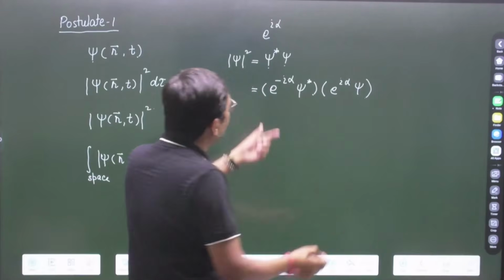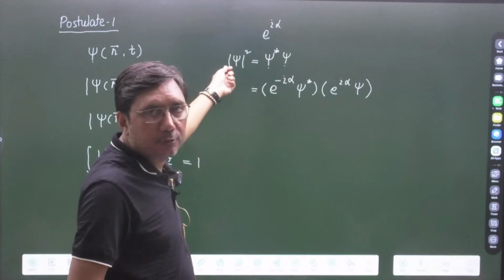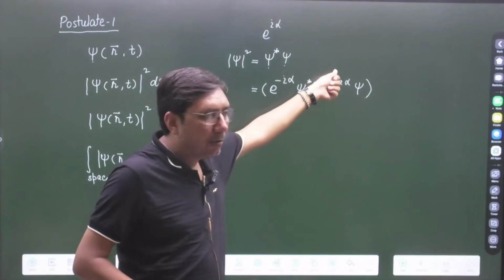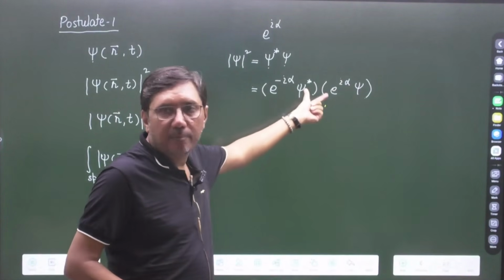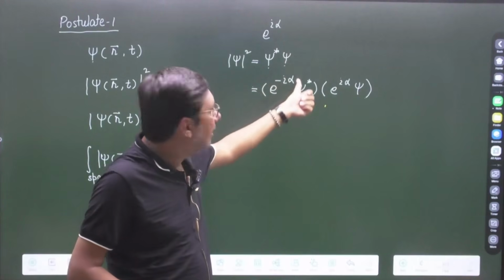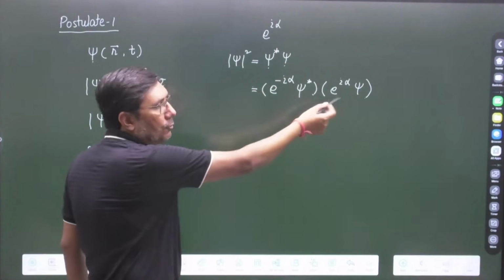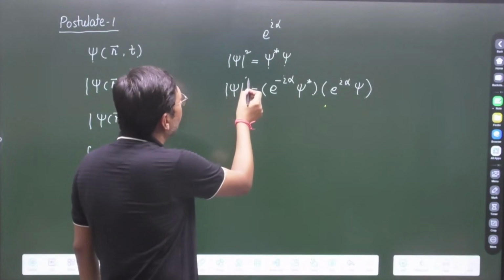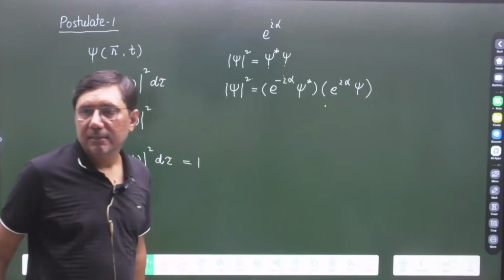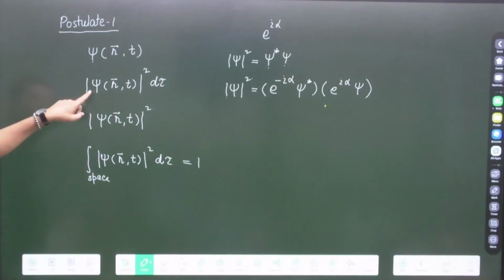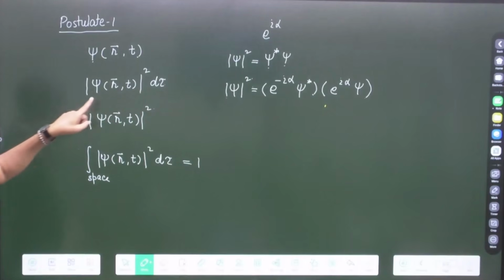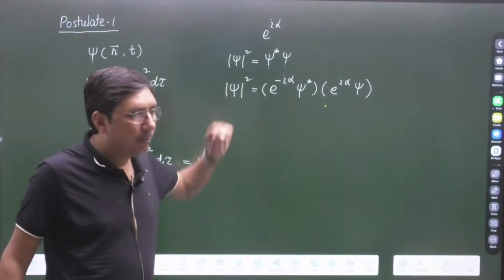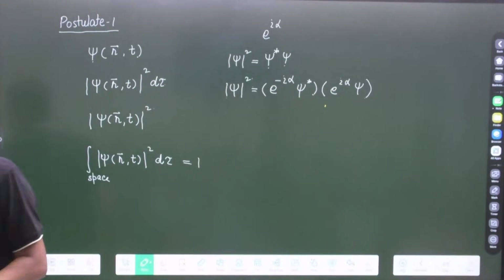So what will be the multiplication of these two? That will be psi square itself. So the probability of finding the particle in this volume does not change by multiplication of this type of factor. This is another property.